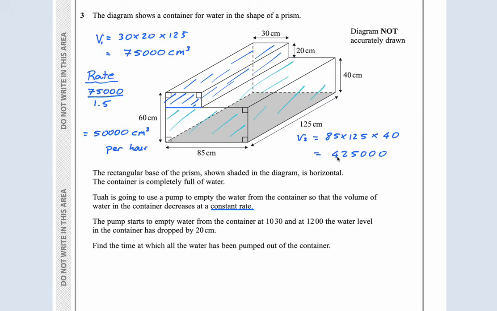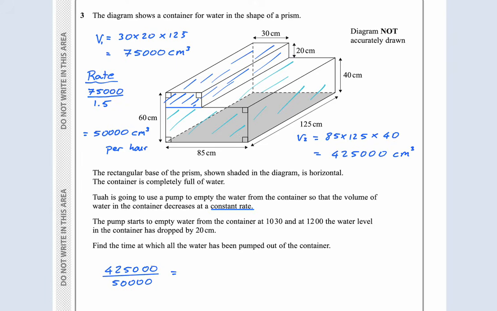425,000. Now, what did we say? We said the volume is decreasing at 50,000 centimeters cubed per hour, and we need to empty 425,000 centimeters cubed. So to find out how many hours it's going to take to empty this much, we have to do 425,000 divided by 50,000, and that will tell us how many hours it's going to take to empty the rest of this.